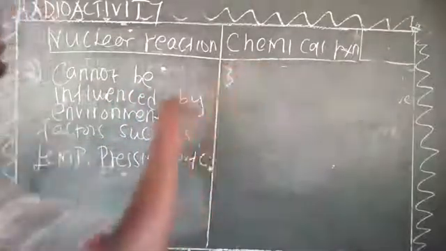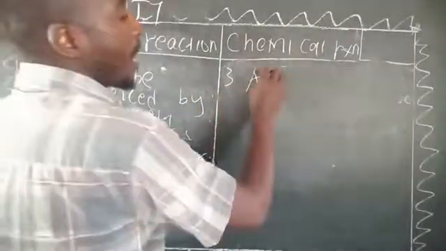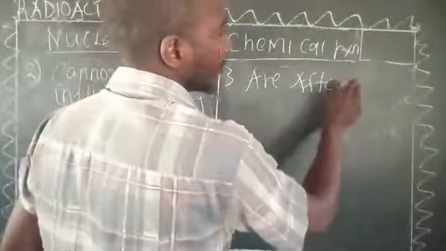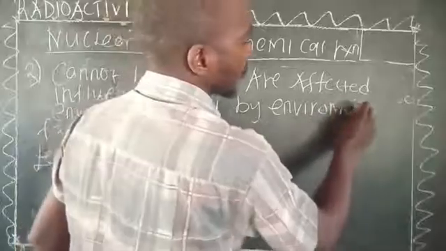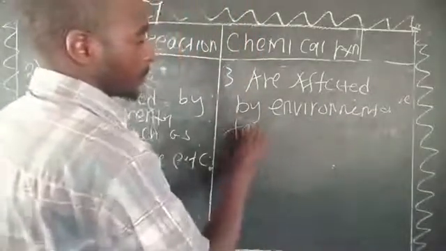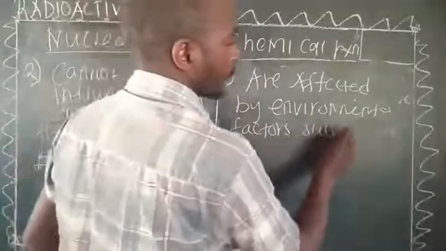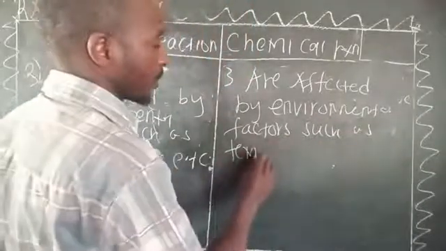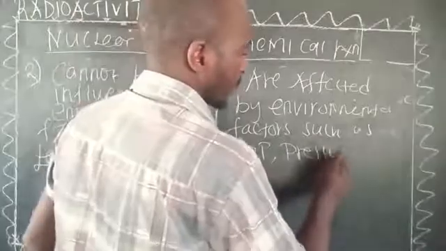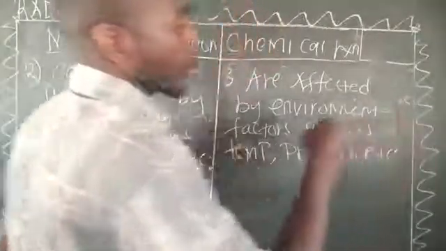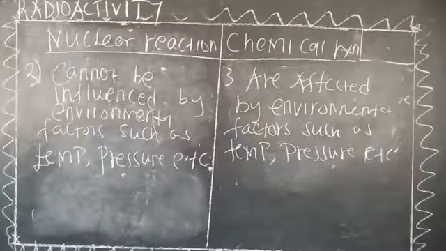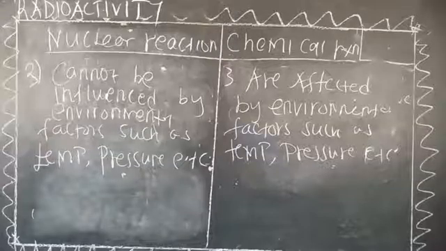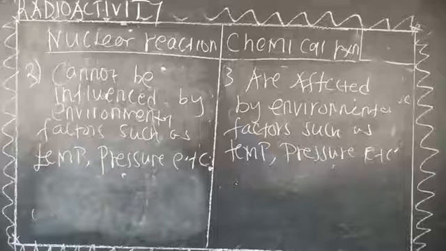but then the chemical reactions are affected by environmental factors such as temperature and pressure. This means that you cannot be able to vary the rate at which the nuclear reactions are happening by altering the temperature or pressure.